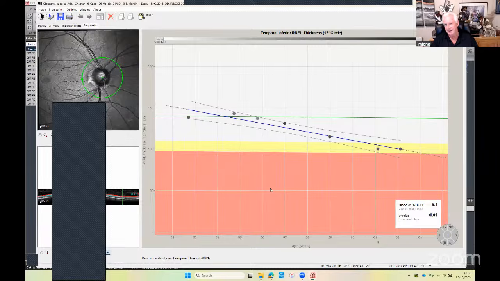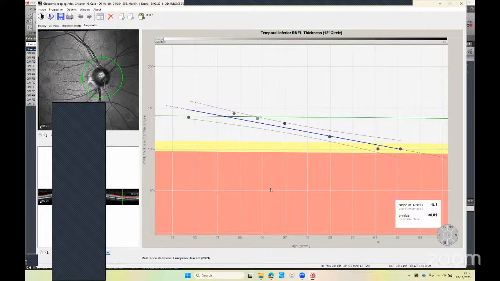So if you're starting to see 6, 7, 8 microns of change from the baseline, that would be a first alarm bell, I would say. But look at the focal changes, not the average overall. You're missing the point, really, if you're looking at the average.